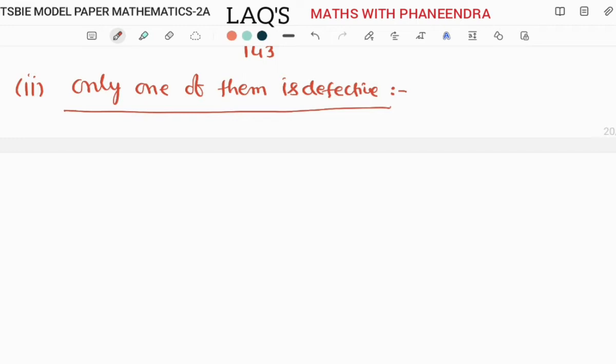Only one of them is defective means, how many defective bulbs are there? 5 defective bulbs are there. But we have to select 5 bulbs now.